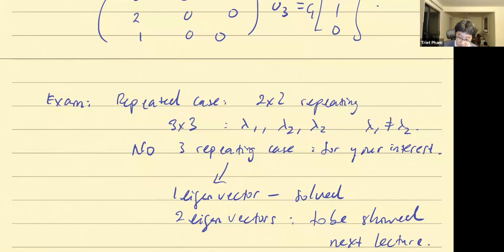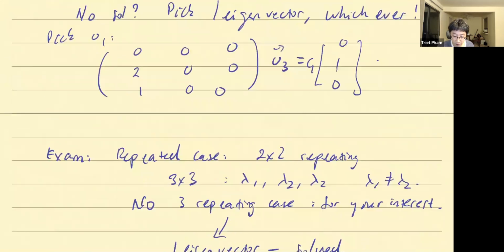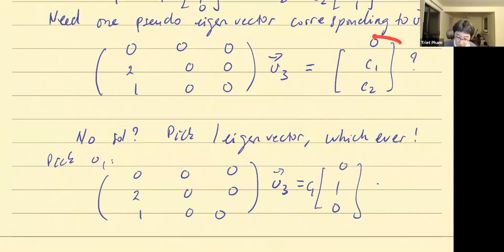The 2 eigenvectors case is some clever combination of these 2. I have to look at the abstract structure and show you again.